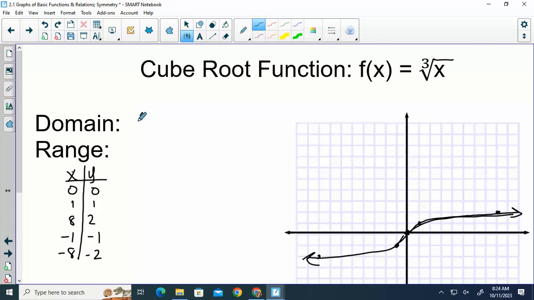Domain. Range. Is this graph increasing, decreasing, or constant? Increasing the whole time. And it is continuous, no breaks in our graph.